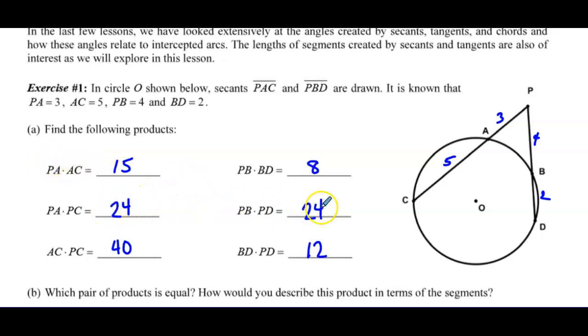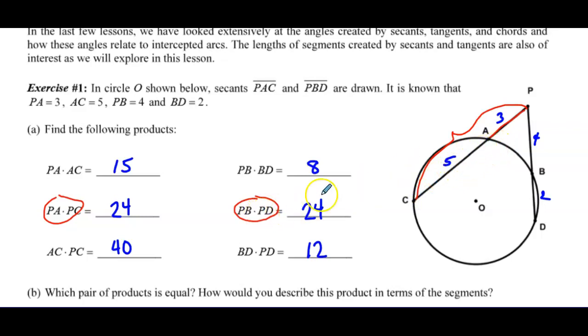All right, so if you look at those, you can see that the two equal ones are here. And so I'm focusing on PA times PC, right? This product here and this product here. Well, if you locate PA and PC, PA and PC are on the same line. Here's PA here, and PC goes the whole way across that secant.